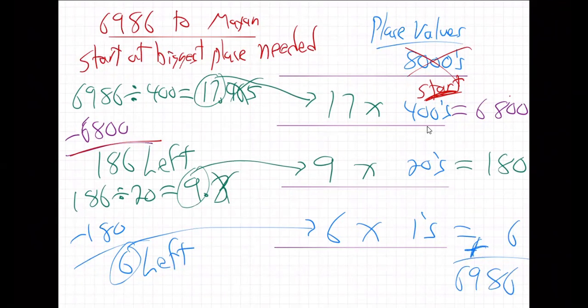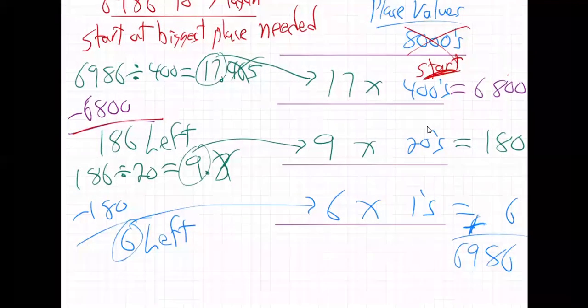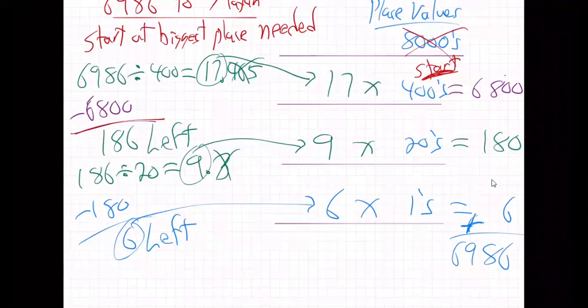We've made the Mayan number for 6,986. Now, how do we actually write them as Mayan symbols? Well, remember how to make it, we'll start down here at the bottom. How do we make the 6? It's a 5 and a 1, right? Bar and a dot. That's 6. 9 is a bar and 4 dots.